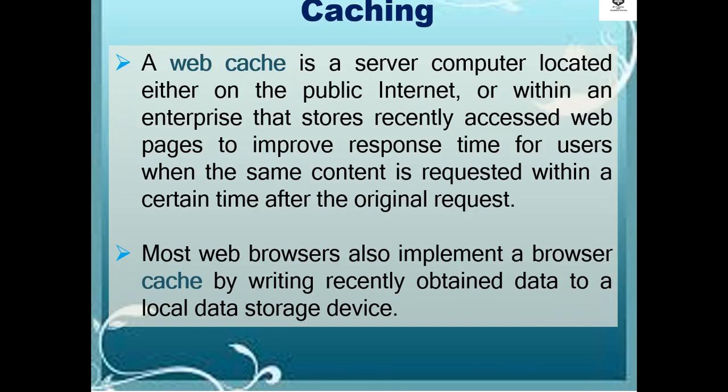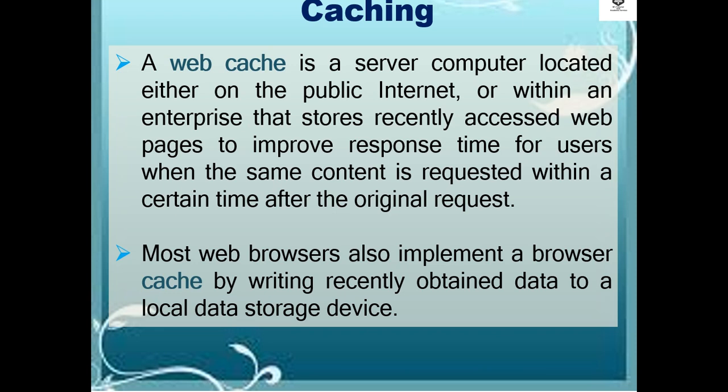Caching. The web cache is a server computer located either on the public internet or within an enterprise that stores recently accessed web pages to improve response time for users when the same content is requested within a certain time after the original request.